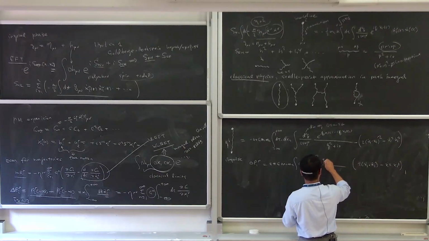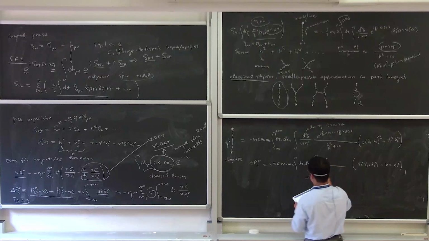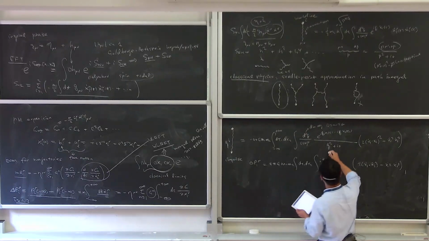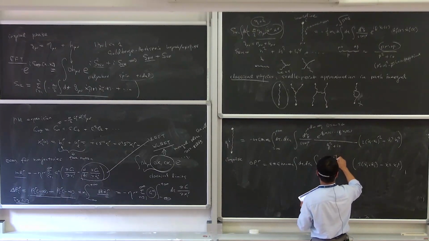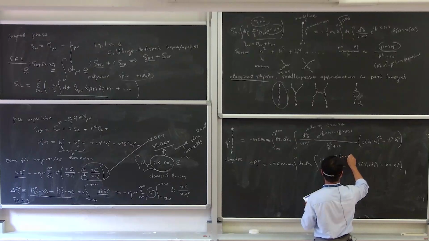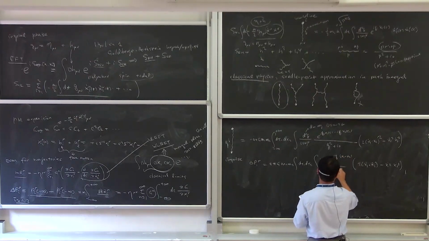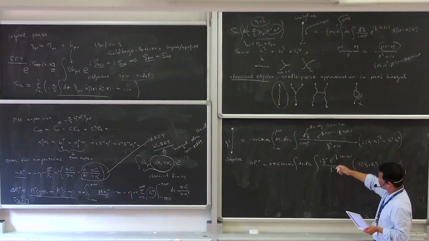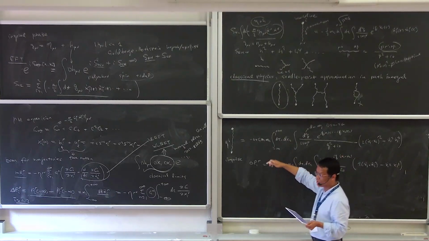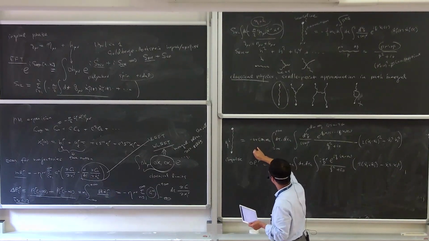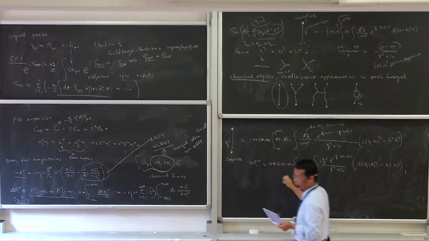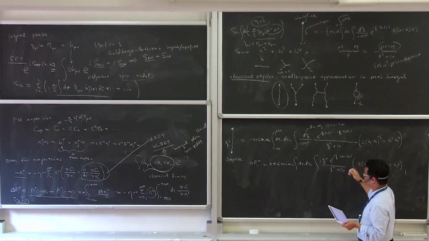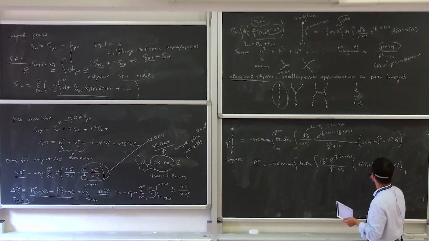This gives an i Q mu because there is a derivative. An important property is that these formulas and this formula are exact to any order in G.